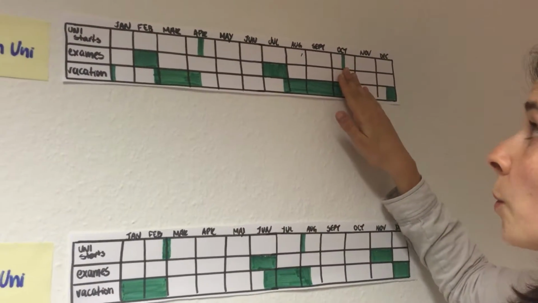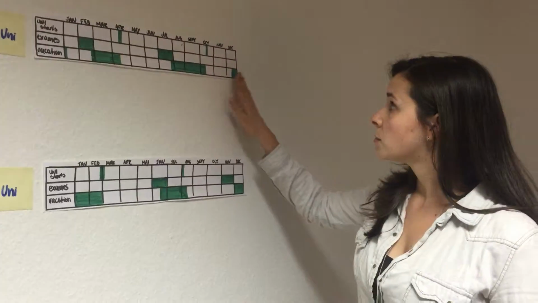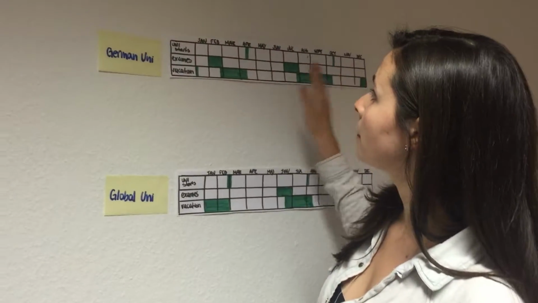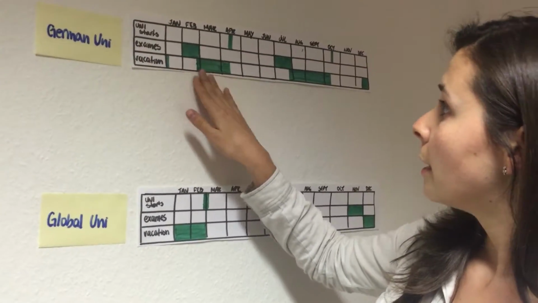Then in mid-October classes come back, and we have a small break in December until the beginning of the year. Then in February we have exams, and then vacation until April again. So that's how the average goes.